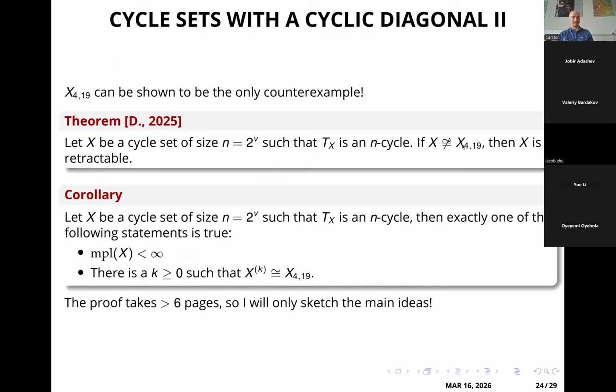And again, we can see that the multipermutation level of such a cycle set is either finite, so our retraction series just avoids this cycle set and terminates in a cycle set with one element, or we will terminate at some point in this cycle set.